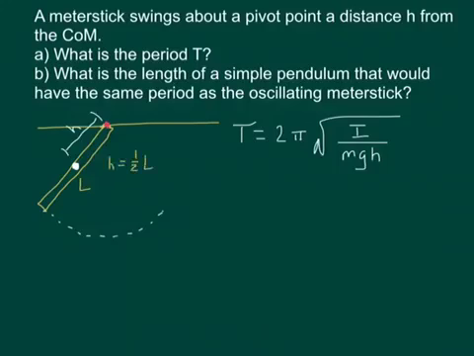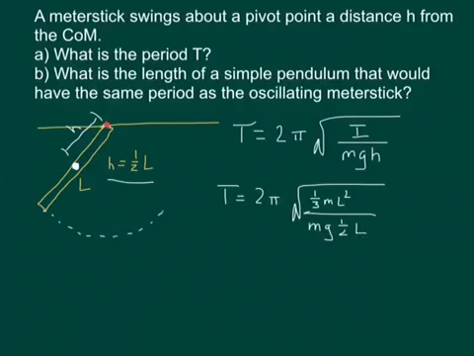So if we start plugging into our period equation here, T equals 2 pi, the moment of inertia of a uniform rod rotating about one end is 1/3 ml squared, and we can say mgh at the bottom, where h is 1/2 L. We can cancel out the mass.